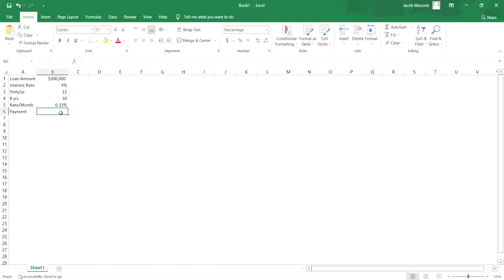Now let's try this one. Equals payment. The rate is going to be this. Next, they want to know number of payments. Well, it's really going to be this times this. 30 years at 12 payments per year is going to be 360.